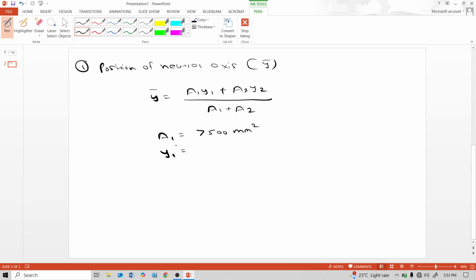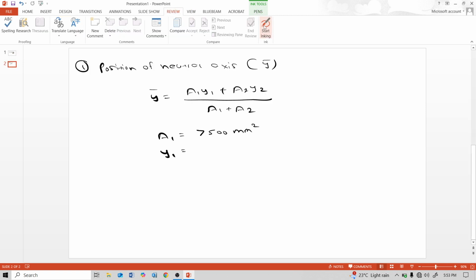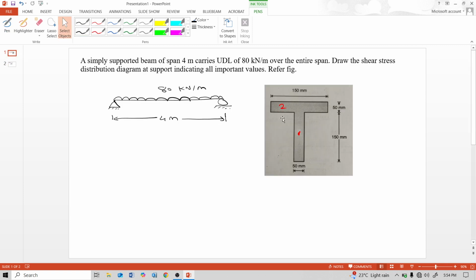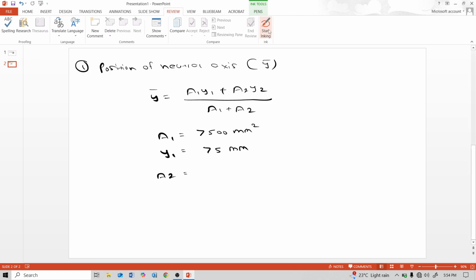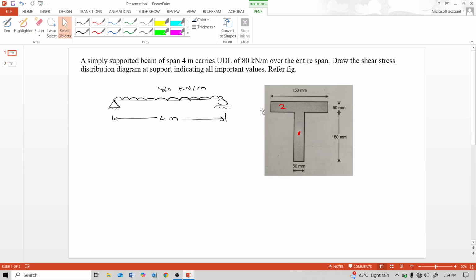Y1 is the position of neutral axis for that web portion only, 150 divided by 2, 75 mm. A2 is the area for the flange portion, 150 multiplied by 50, 7500 mm square. And Y2 is the position of neutral axis for that flange portion from the extreme bottom fiber, 150 plus 50 by 2, that is 175 mm.